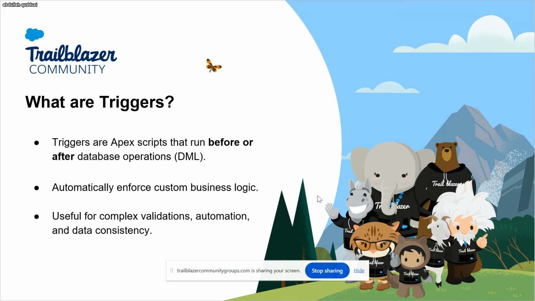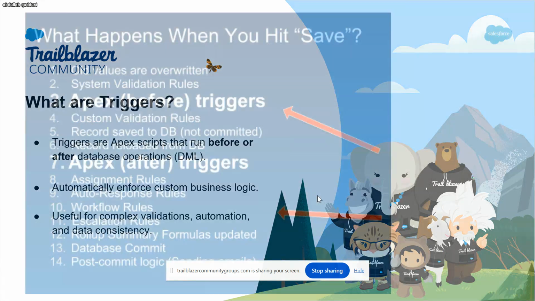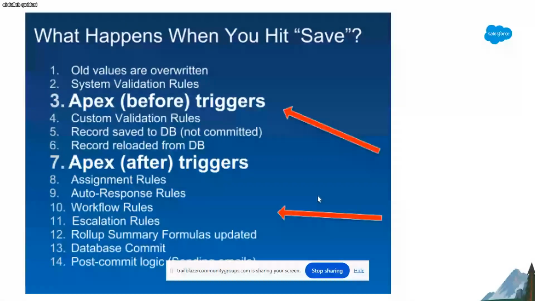Whenever we create a record in either a custom object or any standard object, there are two types of trigger events which we use frequently: before triggers and after triggers.